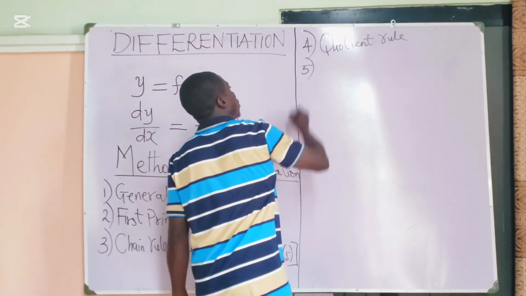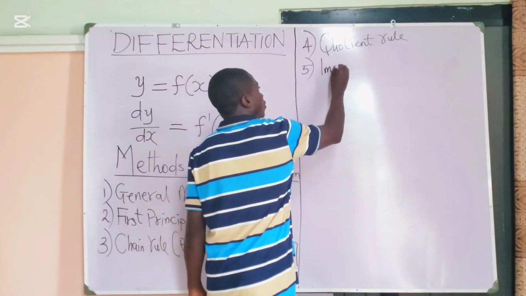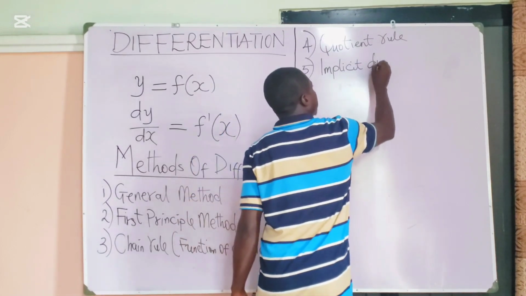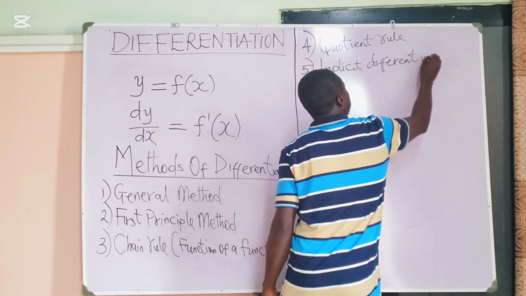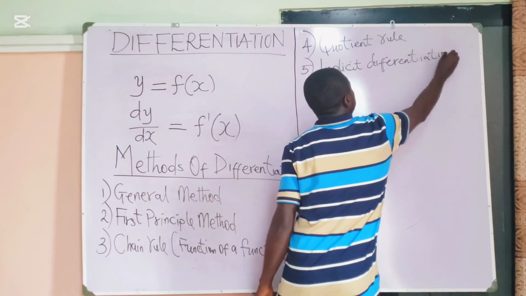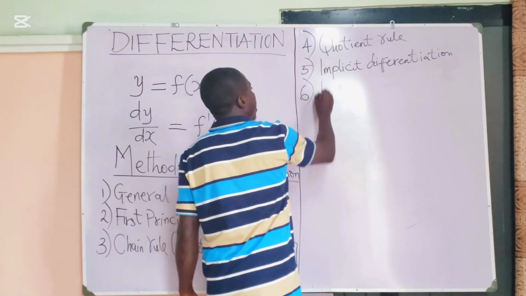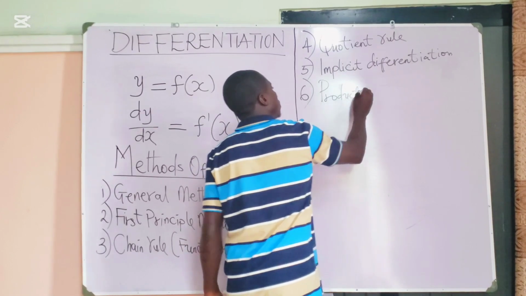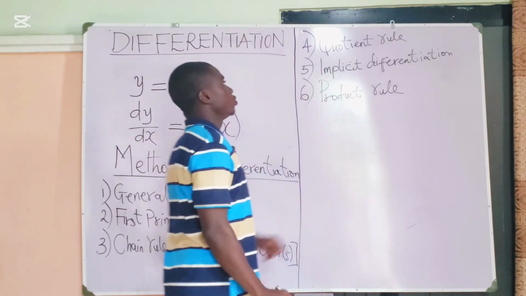Number 5, we have the implicit differentiation. And then number 6, we have the product rule.